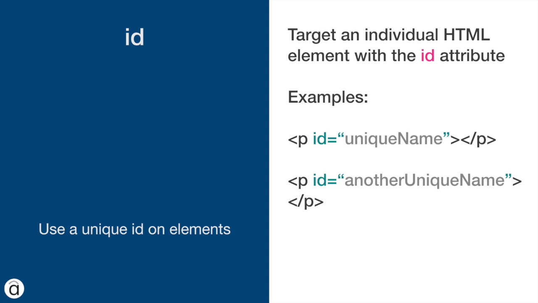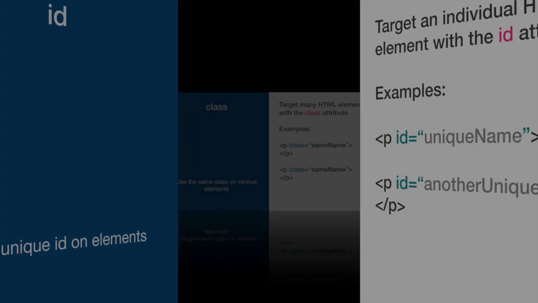In this example, we can see 2 P tags, each with a unique name. So the first one, unique name, and then the next one, another unique name. You can call these IDs anything you want, but it's got to be unique to that one thing on that web page. And we're going to have bags of practice with this sort of thing.